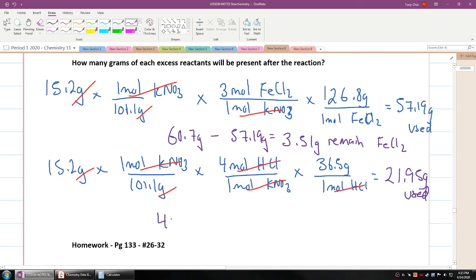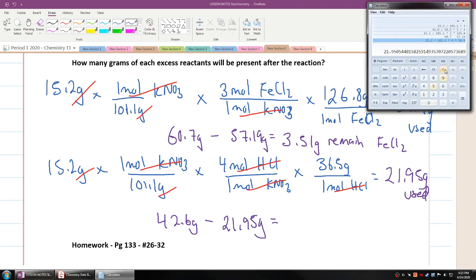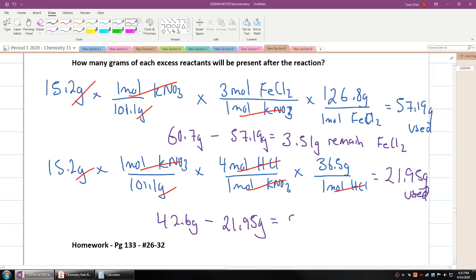We started with 42.6 grams. We used up 21.95 grams. How much remains? Well, 42.6 grams take away 21.95 grams. We're left with 20.6 grams remain of HCl. So this is how you do this with multiple questions, multiple of these.